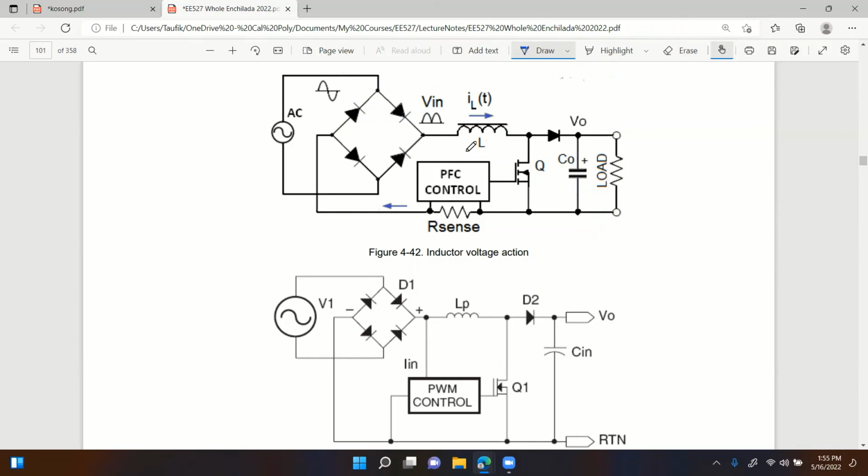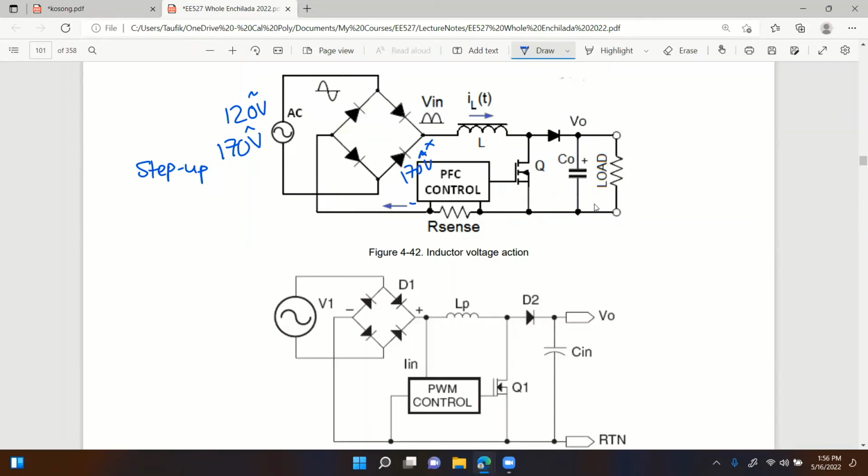Now, right away we recognize that there could be an issue here, because a boost converter is a step-up converter, isn't it? Imagine this is 120 volts RMS. That's 170 volt peak, and here we're not filtering the voltage, so from here to here it's 170 volt peak.